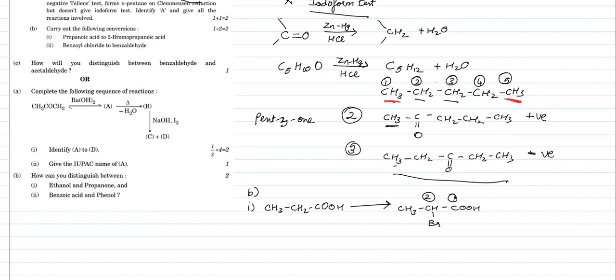So I'm going to put the general reaction over here, which is R CH2 COOH reacting in the presence of a halogen, X2, and red phosphorus, and also water to give us R CHX COOH, and X can be Cl or Br.